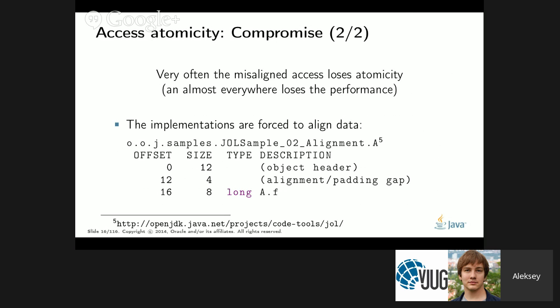You can notice that in the object layout there is the alignment padding gap at offset 12 with a size of 4, which means if you try to count, for instance, the object instance sizes by summing up what you think are the field sizes, it's probably not something that happens in reality. So implementations have to align fields to gain these access atomicity guarantees.